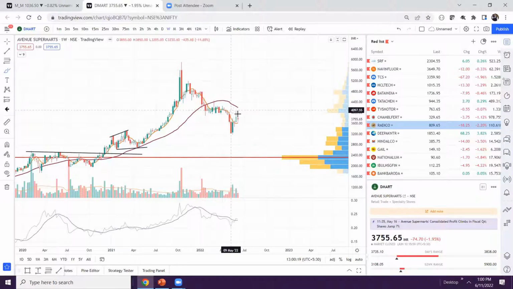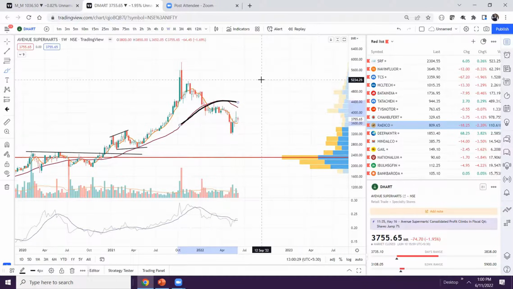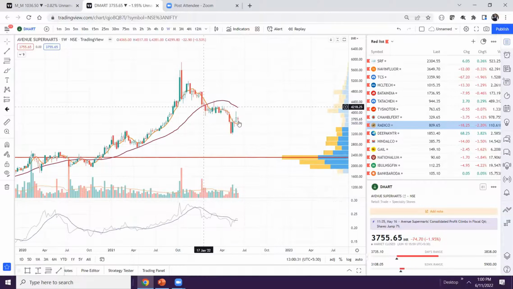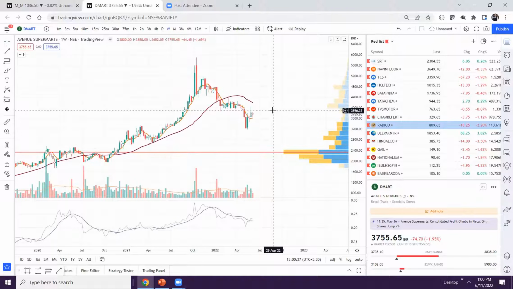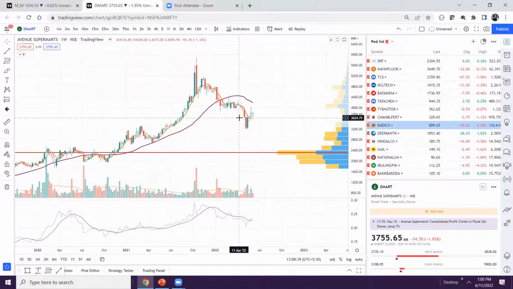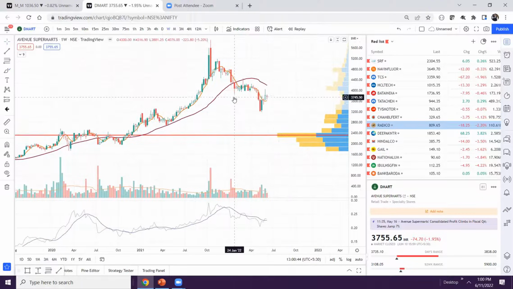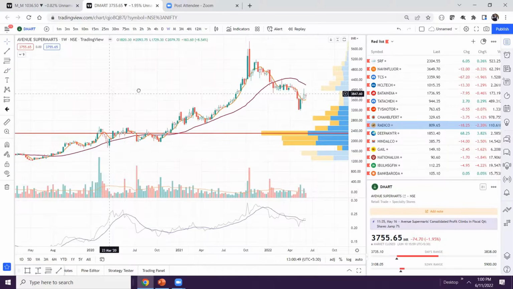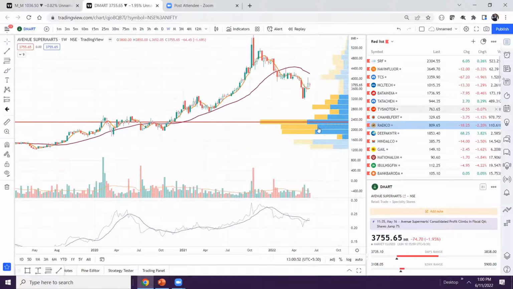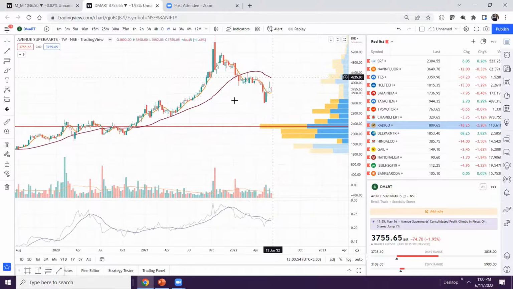Is there an entry in this or not? Price is below. No, not yet. There should be no doubt. If price is below the 30 moving average, you have to ignore and move ahead. It should be that clear. If price is below the 30 moving average, ignore this stock. Okay. Nothing else to see. Is this clear? If price is below the 30 moving average, you have to cancel that stock.